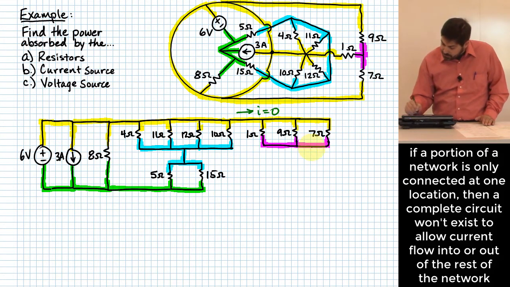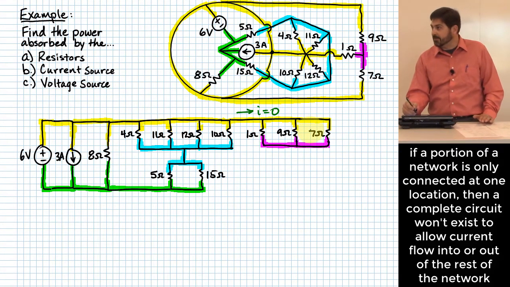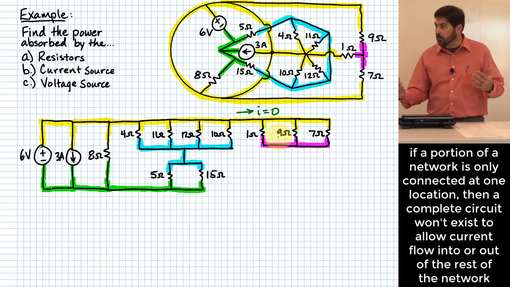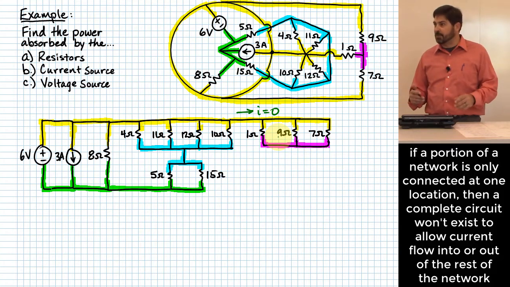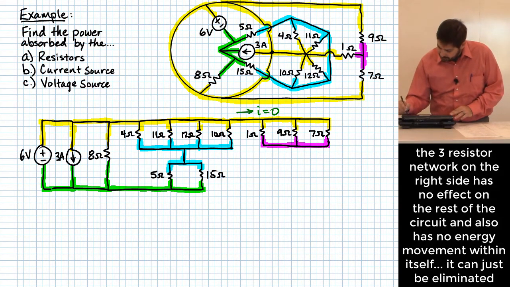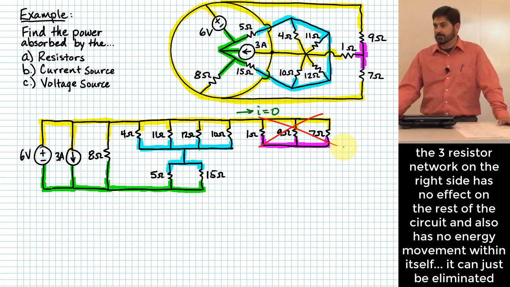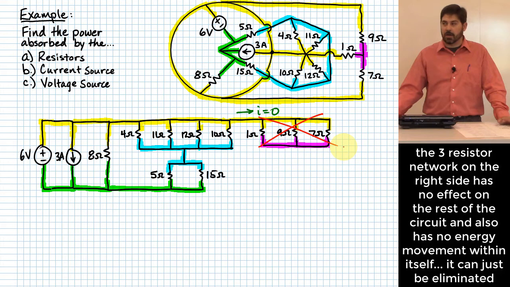And there's no energy supplying elements over in that circuit that is between the yellow and the magenta over there. There's nothing that would push current or voltage or anything over there. So basically, all of this stuff over here is irrelevant. That makes sense? So I can just eliminate it, and it won't change anything that I am trying to find for this problem. Okay? We okay with this idea?